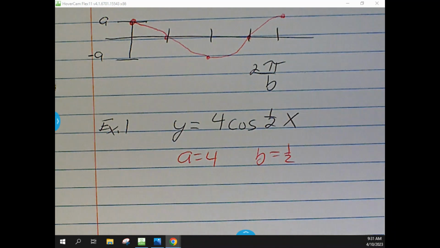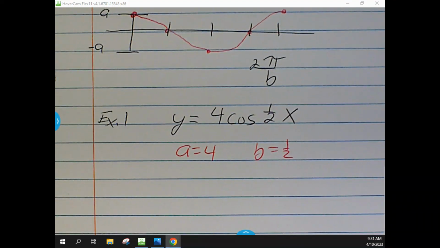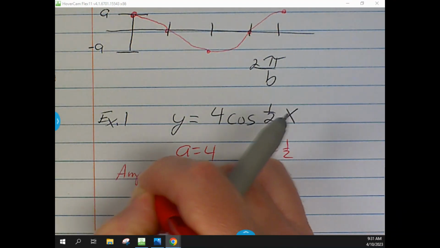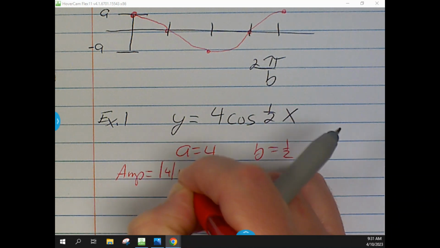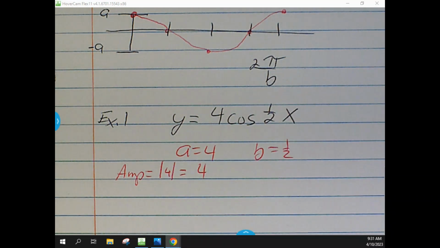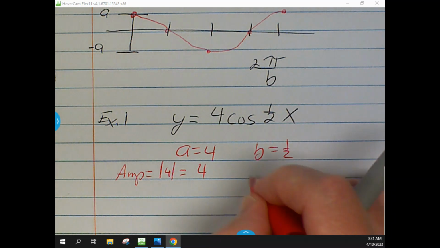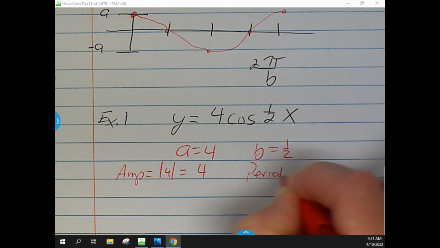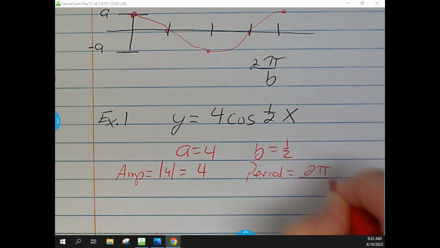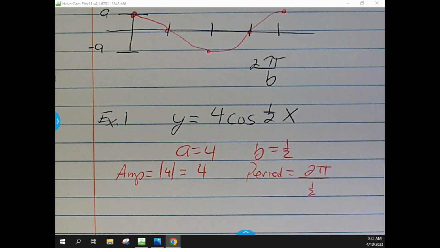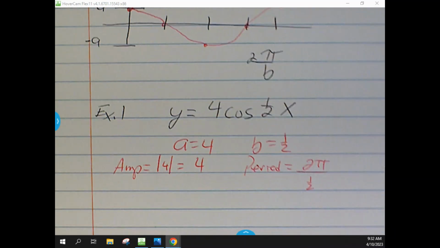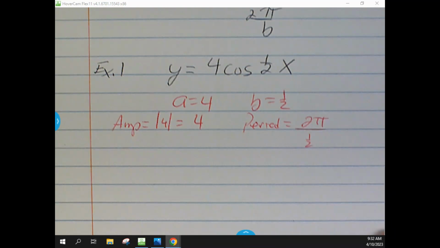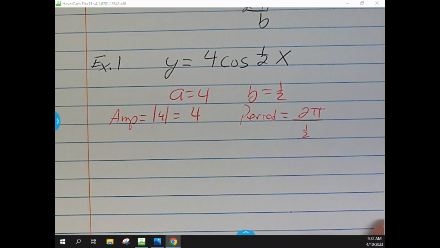All right, so a value is 4, b value is 1/2. Again, amplitude's pretty easy. If you take the absolute value of 4, it's still just 4. And to get the period, that is 2 pi over 1/2.